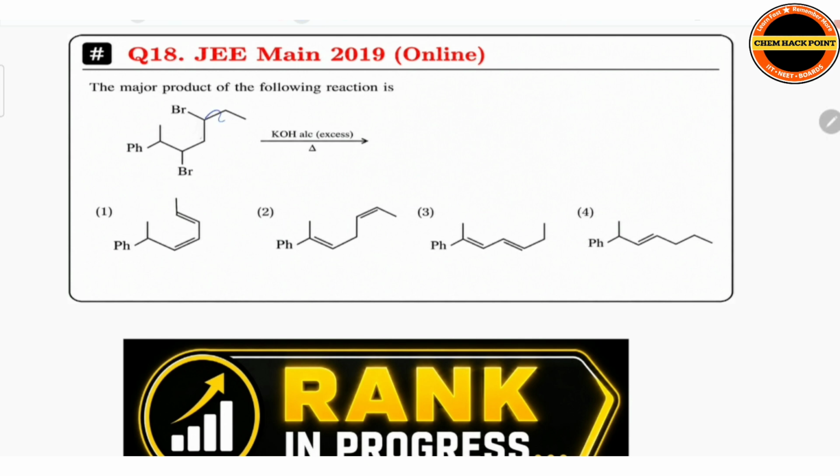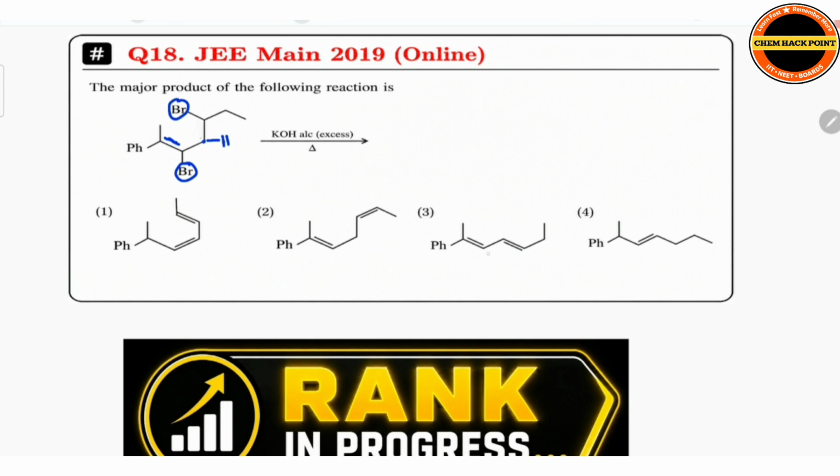Let us see. For example, if you remove this halogen from one carbon and hydrogen from the other carbon, overall you will get a double bond on one side, plus one more here. If you remove this bromine and hydrogen from this, you will get one more double bond here. So overall, two double bonds in conjugation, that is more stable.